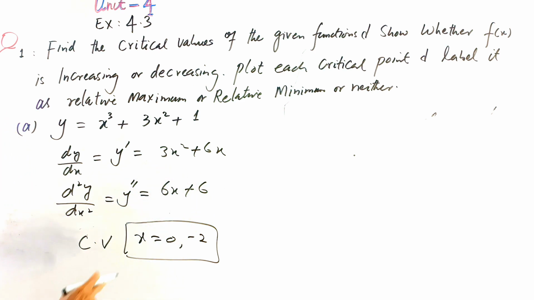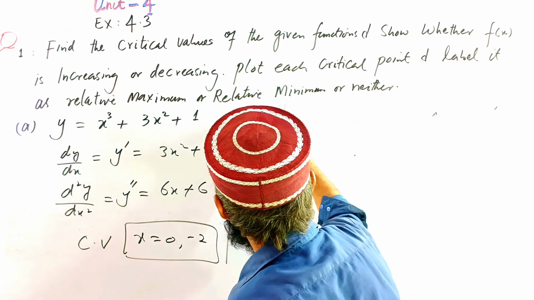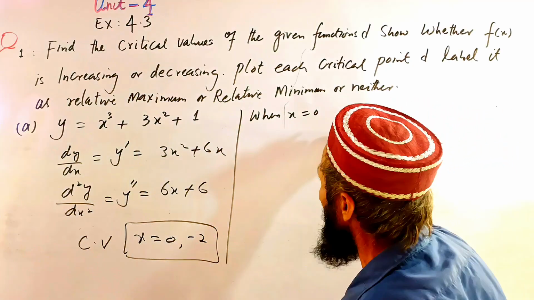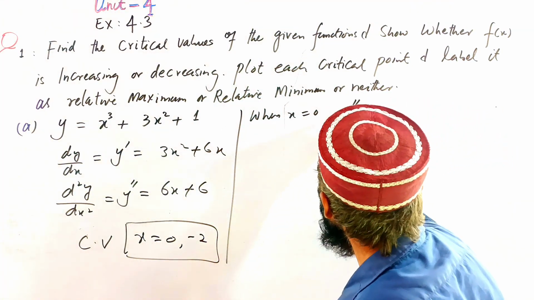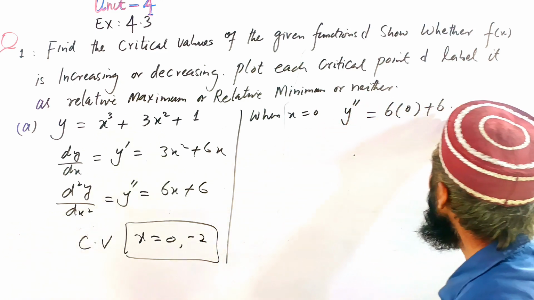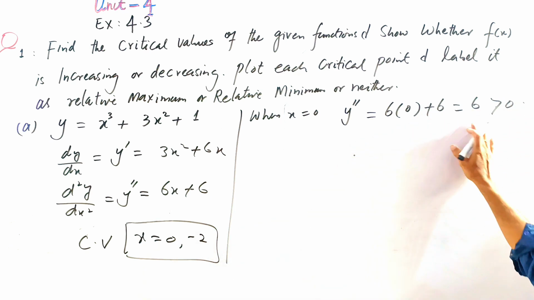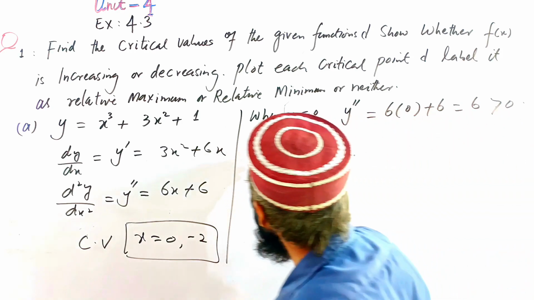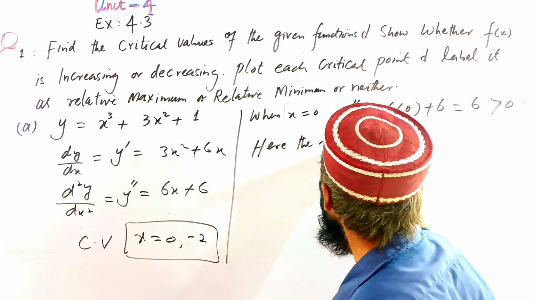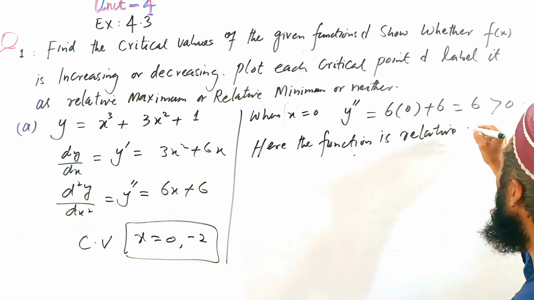Now we apply the critical values. When x is equal to 0, the second derivative y double dash is 6 into 0 plus 6, that is equal to 6. 6 is greater than 0, so the function has a relative minimum.